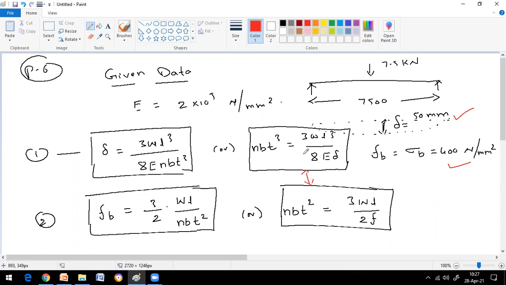From this, what can you calculate? Width and thickness. You can calculate the thickness of the plate. That's why these formulas can be written in this form.